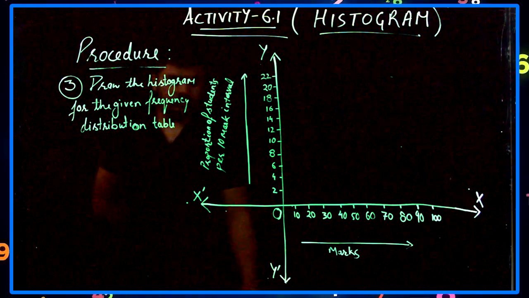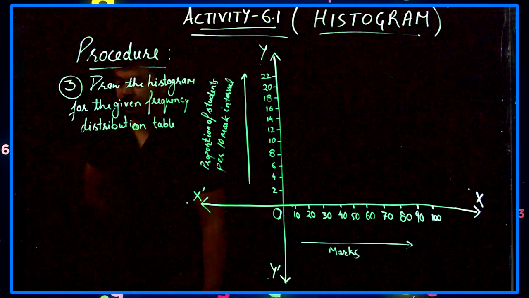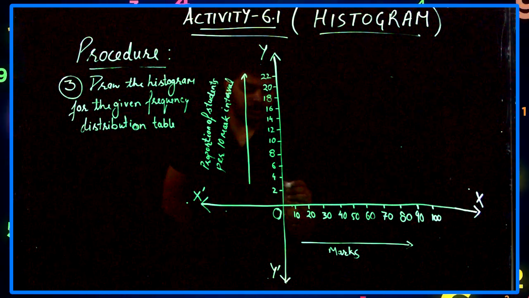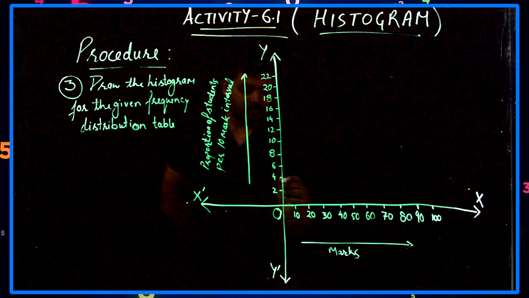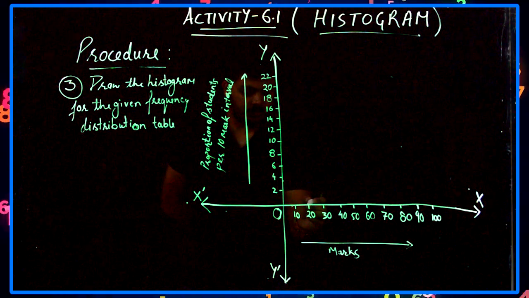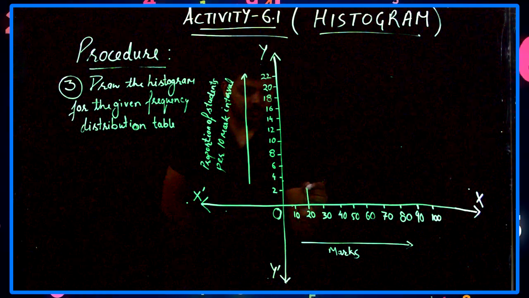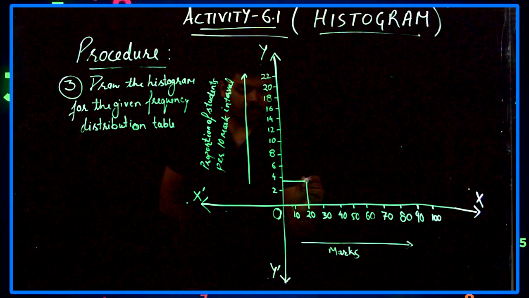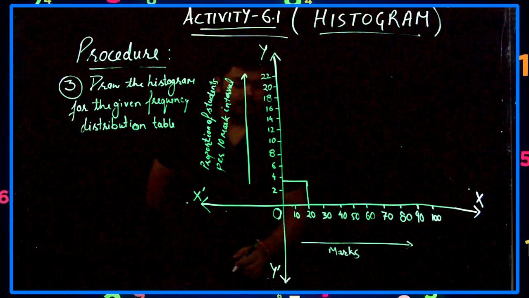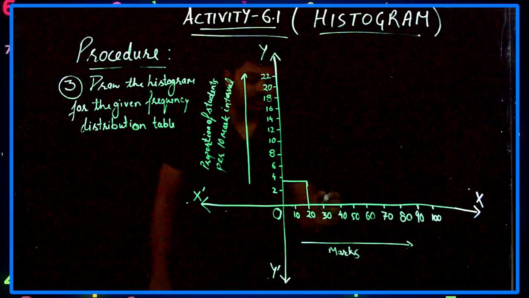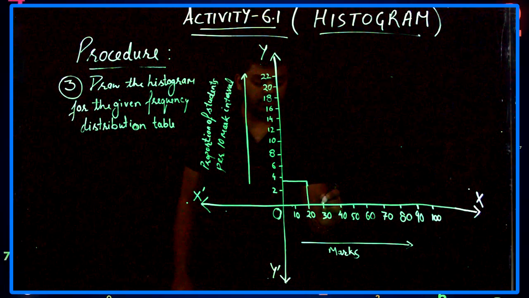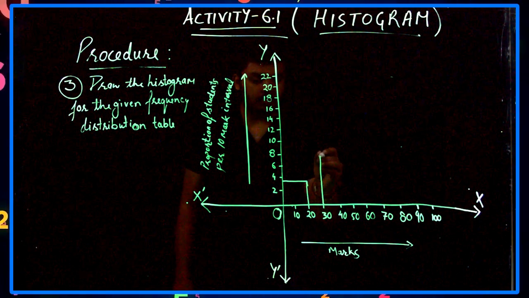Now the first class interval 0 to 20 has a modified frequency of 3.5, so let's draw it up to 3.5. Similarly, 20 to 30 has a modified frequency of 10, so let's draw a straight line up to 10.